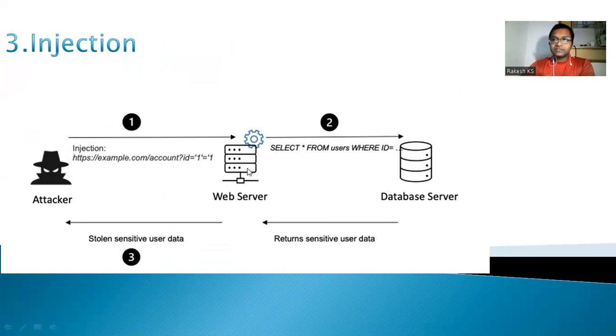The web server doesn't validate that data and directly gives access to the attacker. So what will happen? The database will get stolen. This is how sensitive data is stolen by the attacker because of this injection methodology.